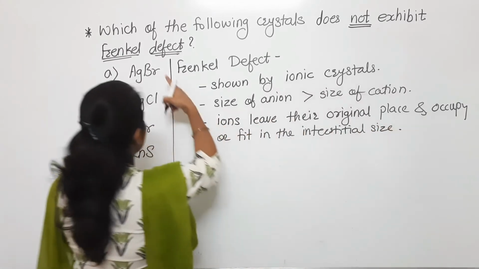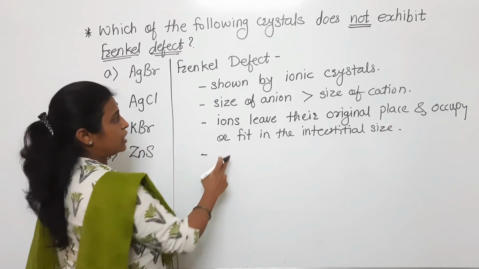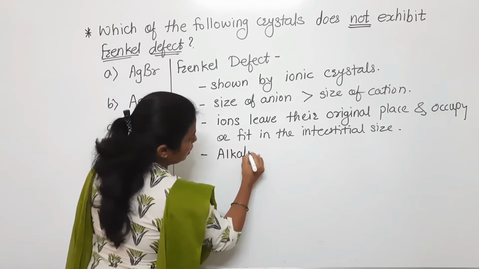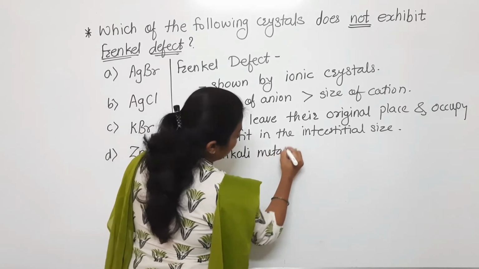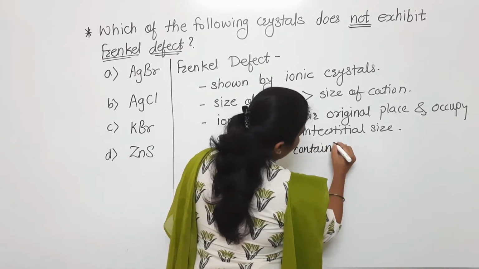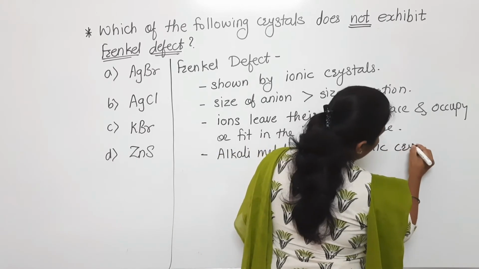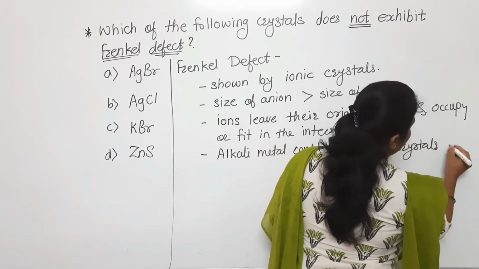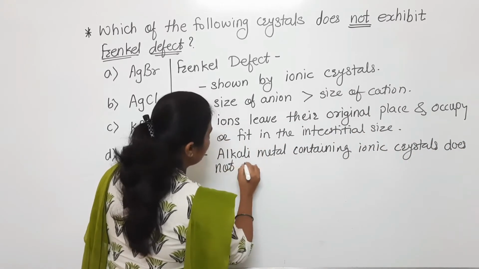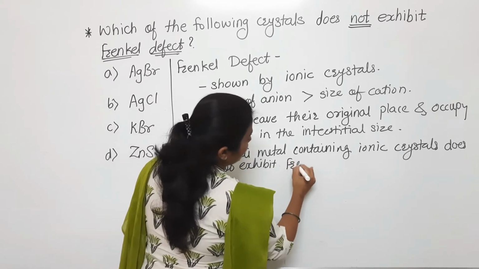In the case of these examples, the first thing is that a large difference is required, and another important thing is that alkali metal containing ionic crystals do not exhibit Frenkel defect.